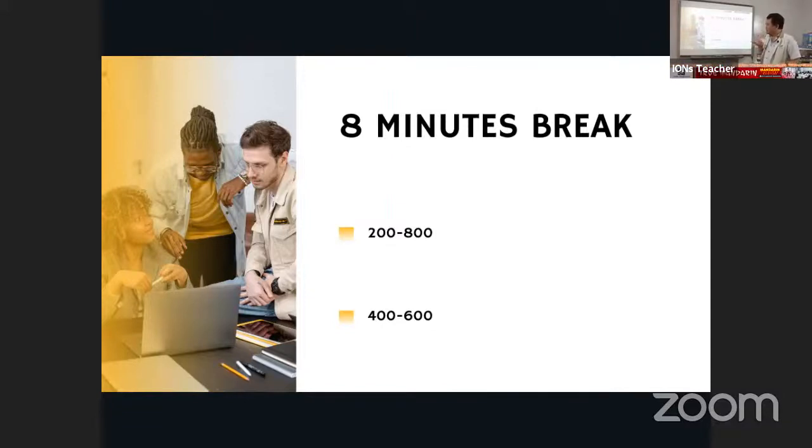The score for GMAT, for the quantitative and for the verbal, ranges from 200 up to 800. So the highest score is 800. I think it's the same as the SAT, where the highest score is 800. Statistically speaking, two-thirds of the test takers get a score ranging from 400 until 600.